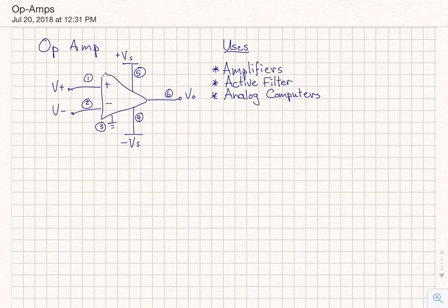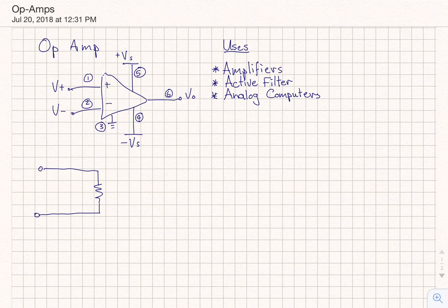So the first op-amp that we're going to talk about is just a basic unity gain operational amplifier. But before we get into that, I'm just going to review one more thing, and let's look at what an op-amp basically looks like if we broke it into a circuit.